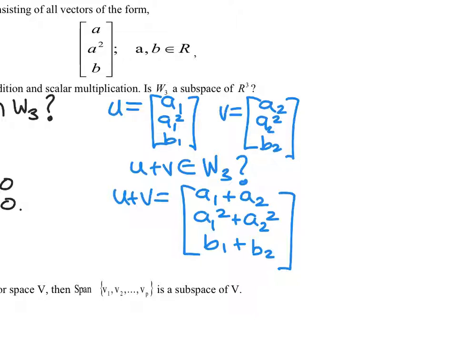All right? So the question would be, is this in that form? So is that in the form of W3? And so I would need this entry squared to give that entry.